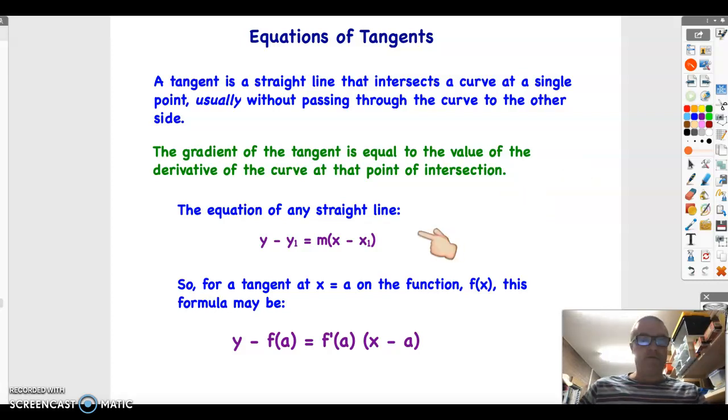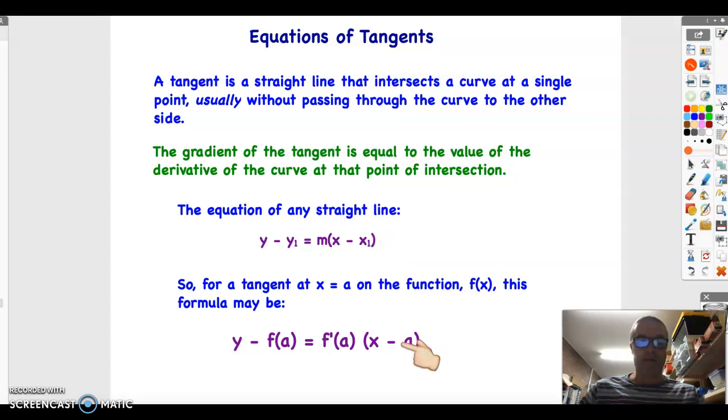So the equation for any straight line, if we know a point x1, y1 and a gradient m, is given by this general form of a straight line. So for a tangent at x equals a on a function that we call f of x, that formula for a straight line is given by this equation here, where x1 takes the place of a.